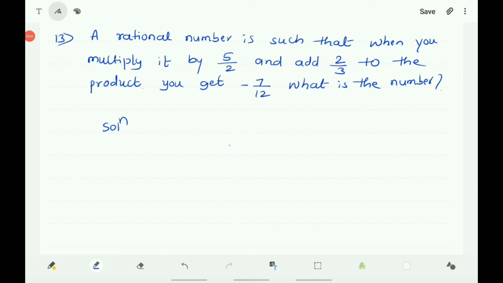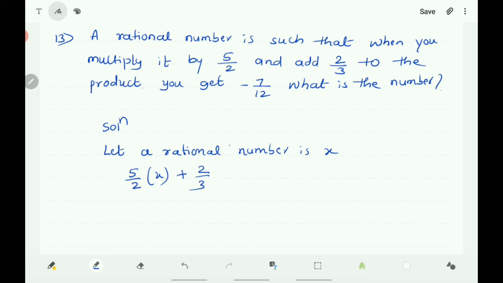Let us consider a rational number is x here. Now when you multiply it by 5 by 2, it becomes 5 by 2 into x, and if you add 2 by 3 to the product, you will get 5x by 2 add 2 by 3.